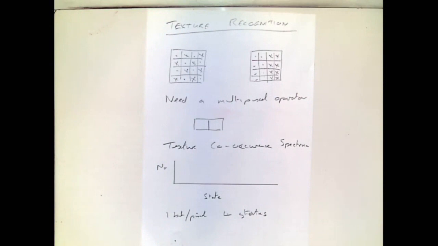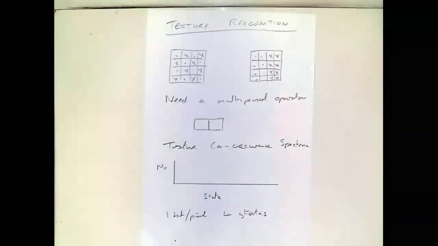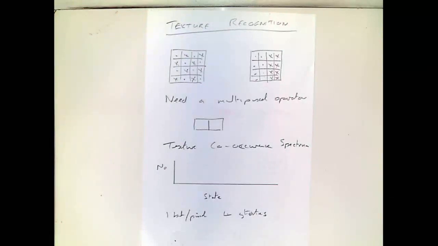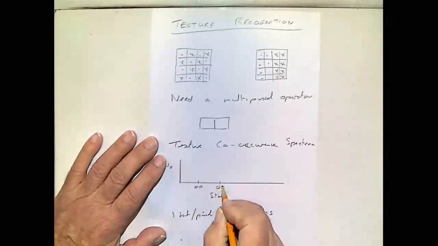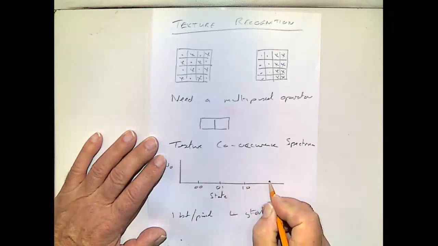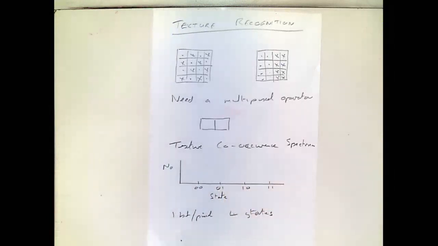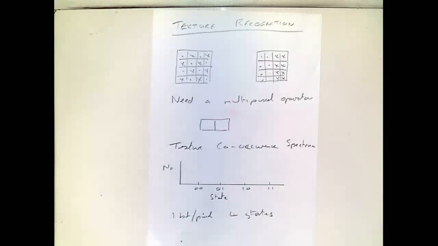You've seen it before, 2 variables, 4 states in binary. And of course, I don't have to tell you, they are 0, 0, 0, 1, 1, 1, 1, 0, or in pure binary, 0, 0, 0, 1, 1, 0, 1, 1. And as we increase that operator, of course, the number of states will increase exponentially. A 3-pixel operator would have 8 states. A 10-pixel operator would have 1,000 states, 1,024.